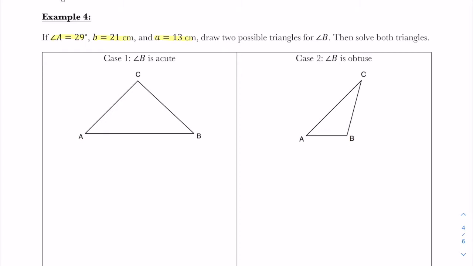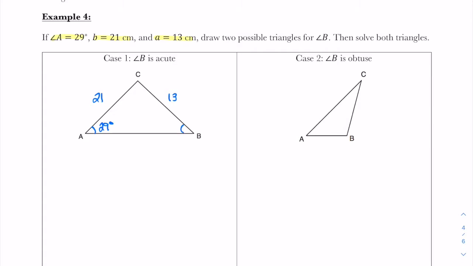So let's get started with the first one, case 1. Let's say angle B is acute. It'll help if we label what we have. So angle A is 29 degrees, side a is 13 centimeters, and side b is 21 centimeters. I told you in case 1 that angle B is acute, that is less than 90, and you can see this in the picture below.